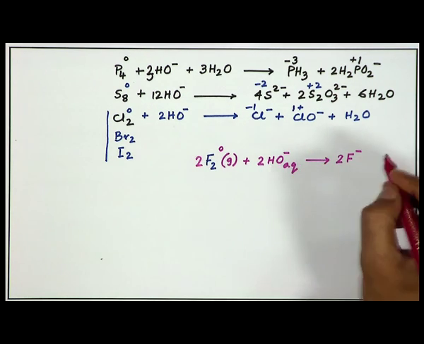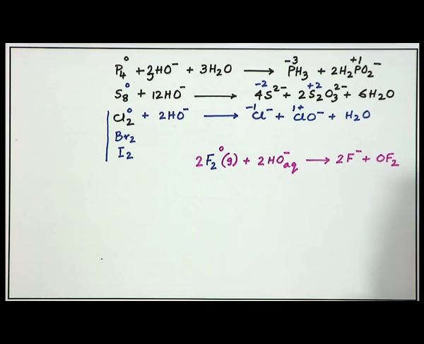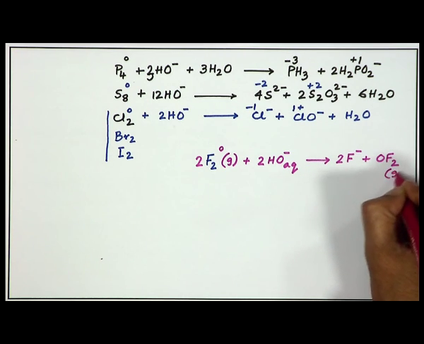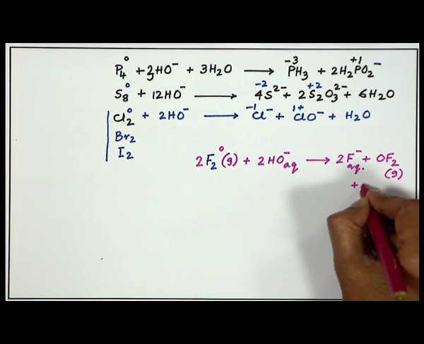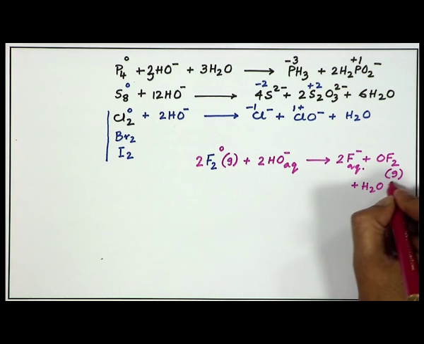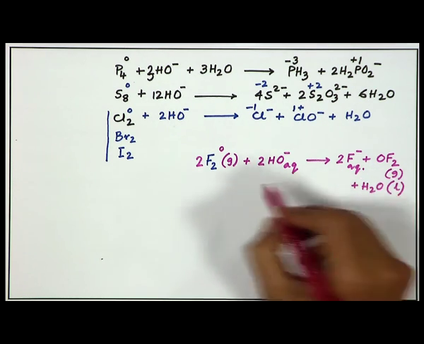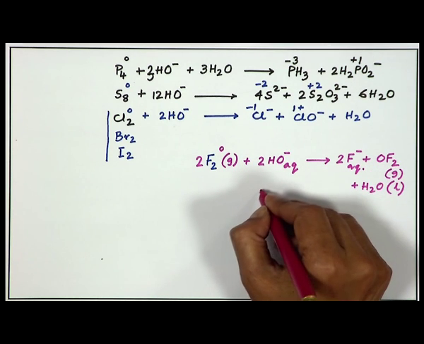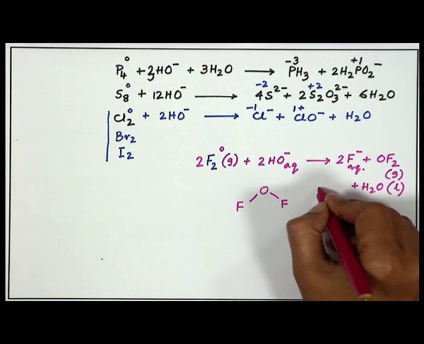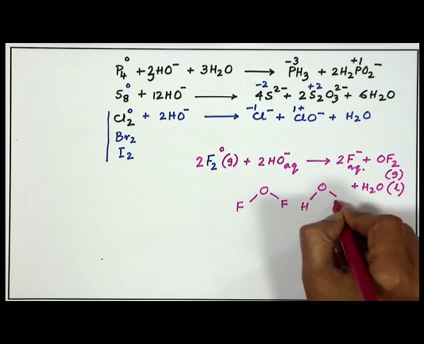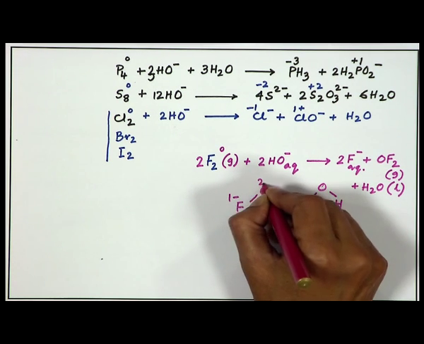So, this is twice F2, and this is the ionic species we have discussed earlier, which is a gas also. So, this fluoride will be in the aqueous medium plus H2O. So, this is a typical reaction where the fluorine will react in a different form, and this OF2, we have already discussed that you have the F and F like that of our OHH. So, this species will be forming. So, this is 1 minus, this is 1 minus, this is 2 plus.